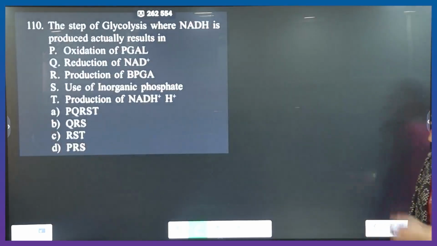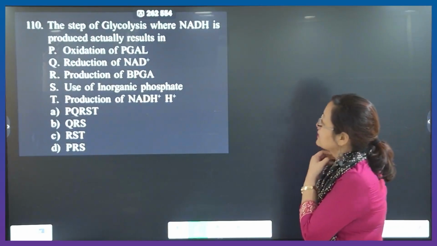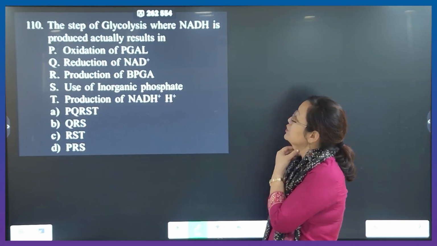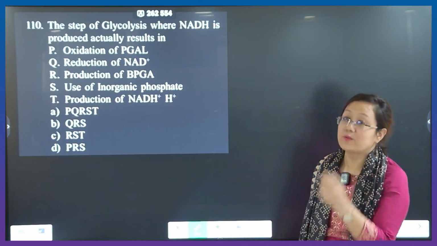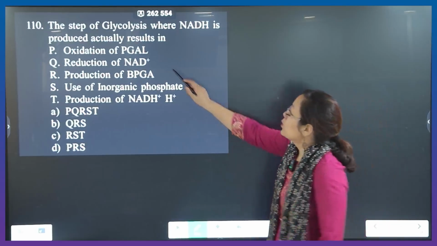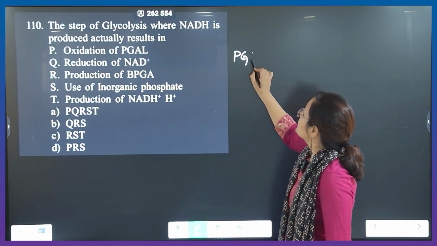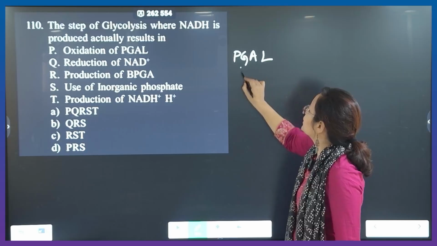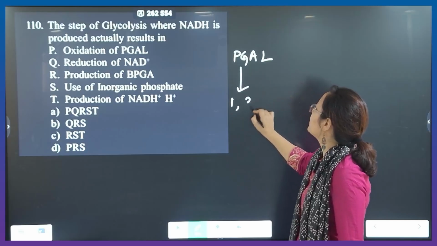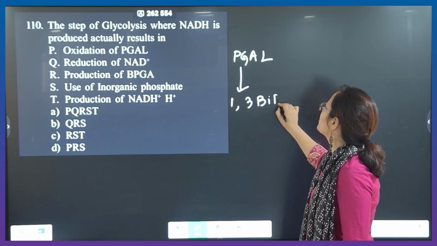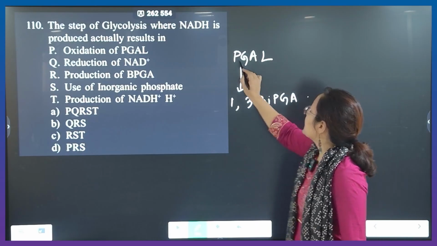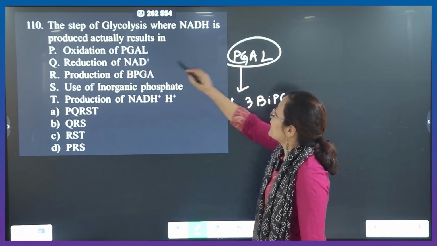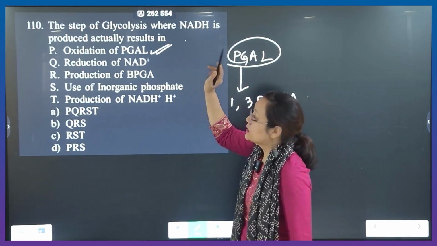Next, the step of glycolysis where NADH is produced actually results in, ये वही है जो आगे मैं बताया था, उस स्टेप में PGAL का ऑक्सीडेशन होगा and it will form 1,3-bisphosphoglyceric acid. In this process, PGAL is oxidized.